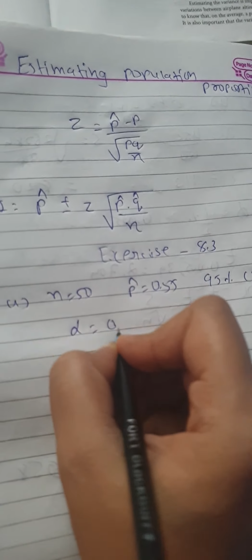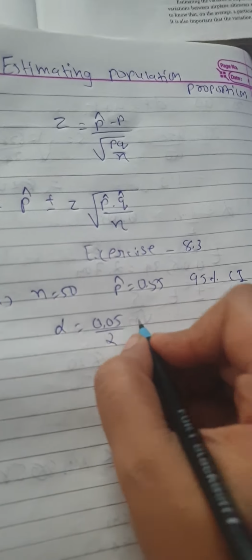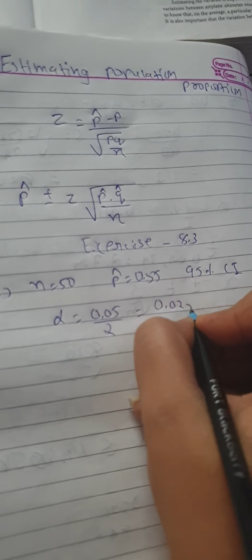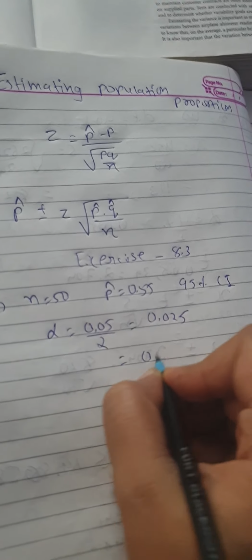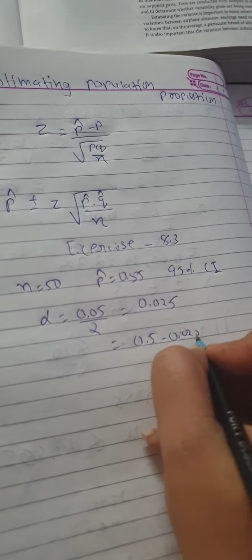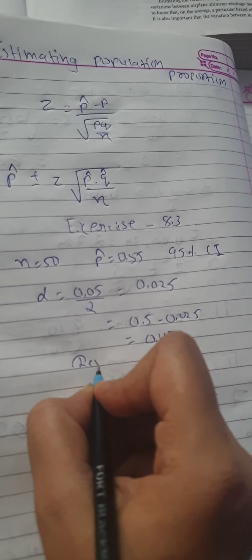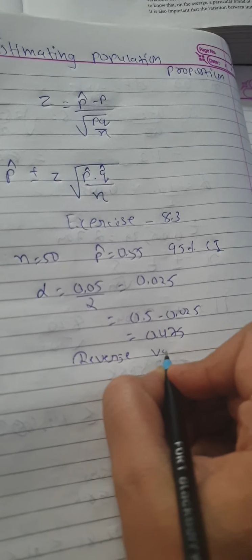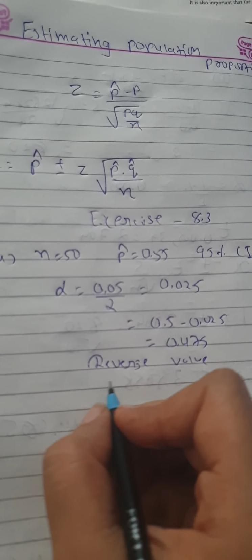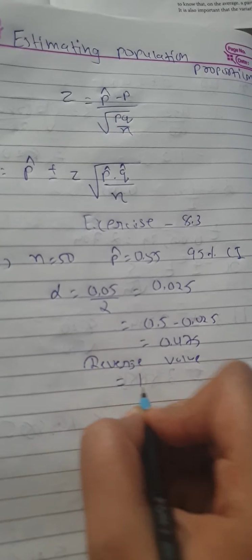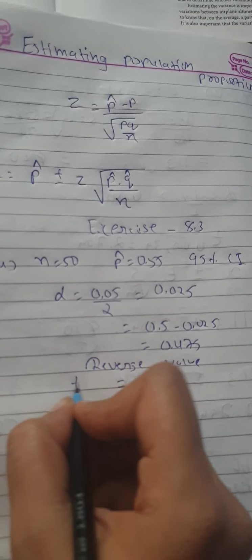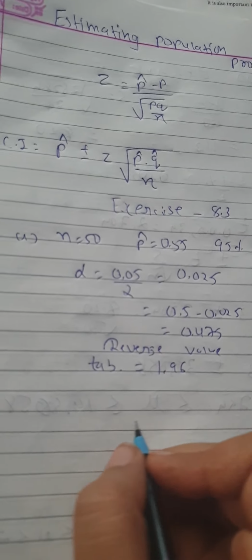So alpha will be 0.05, divided by 2, so it is 0.025. When you deduct it from 0.5, the value will be 0.475. Then you will check the reverse value, so you will get the value of 1.96. That will be your table value, right?